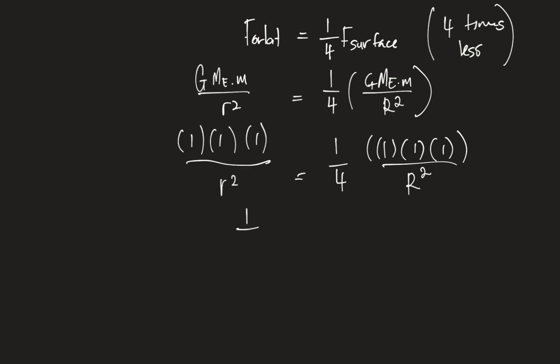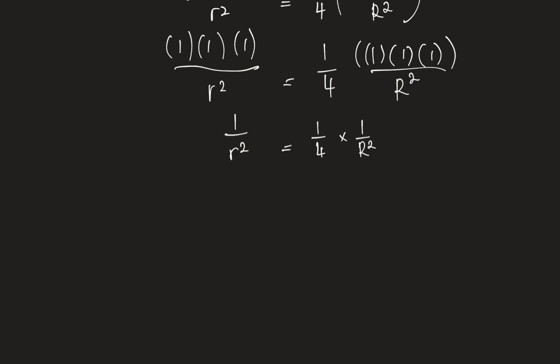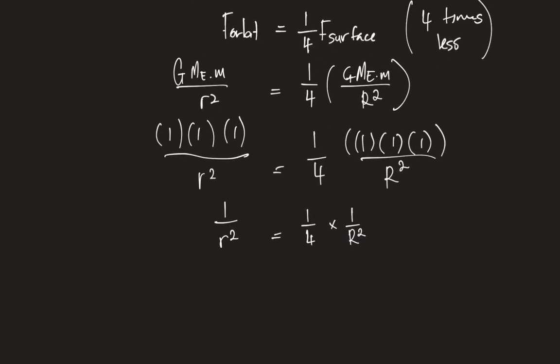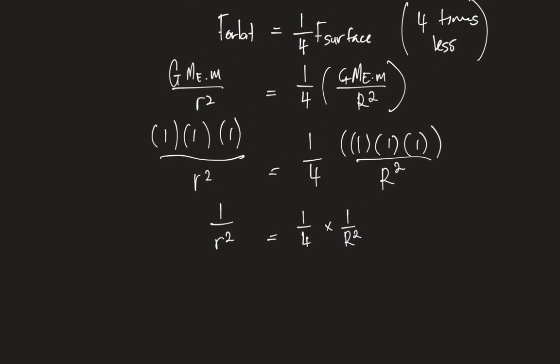So now I've got 1 over little r squared is equal to a quarter times 1 over r squared. I'm just going to solve mathematically. I'm going to solve my multiplication before I sort anything else out. So I've got 1 over r squared is equal to 1 over 4r squared. I'm then going to cross multiply.